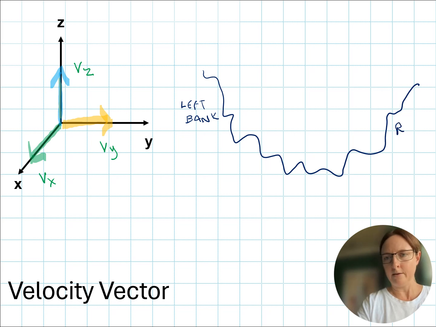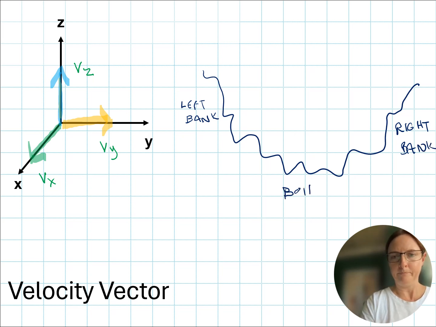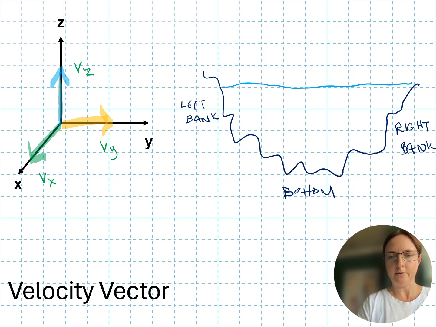Here's my right bank. Here's my river bottom. And let's say that I've got some water in my river channel. And so here's my free surface.